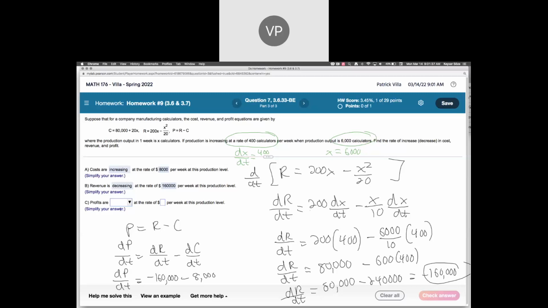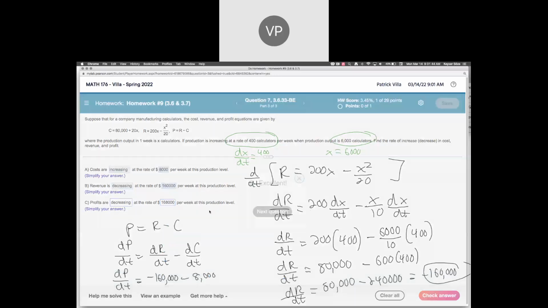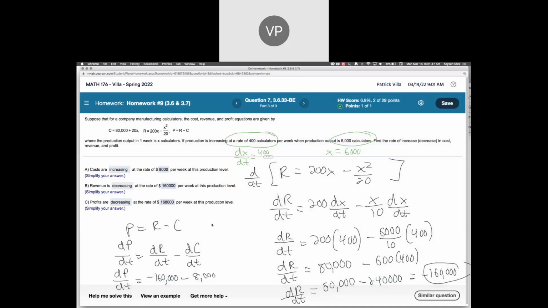That looks like it's going to be negative 168,000. So our profits are decreasing at a rate of 168,000 per week. And that's it.